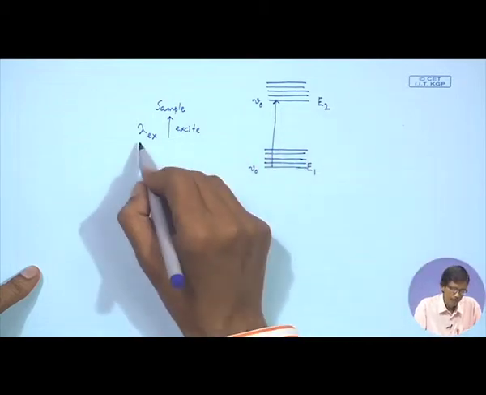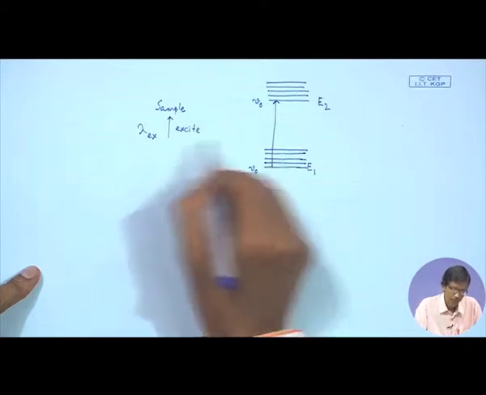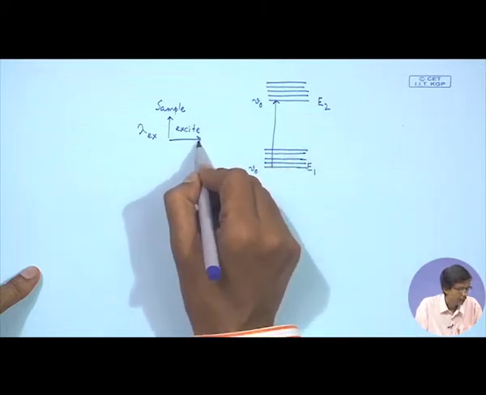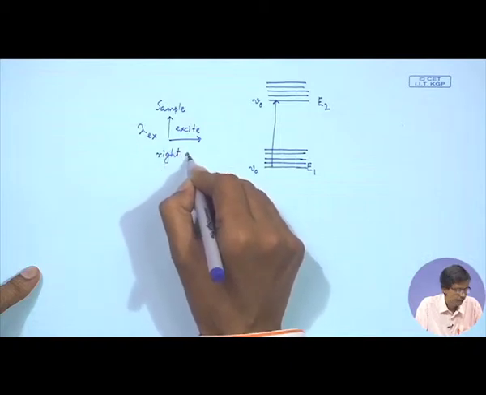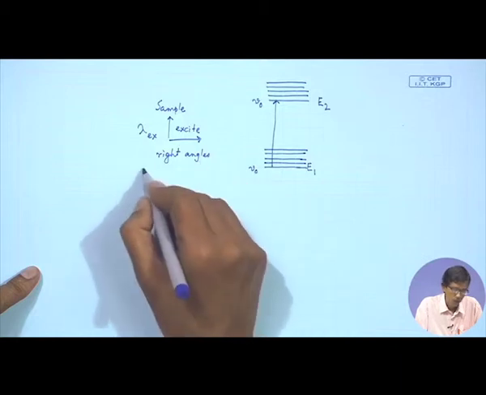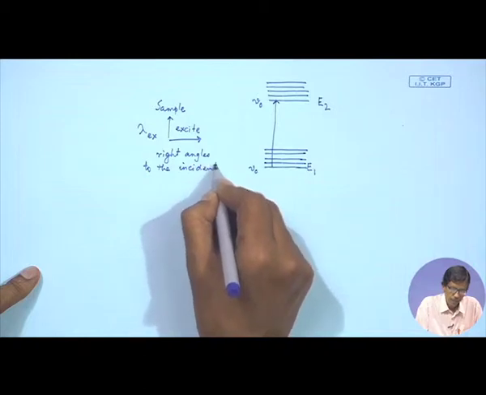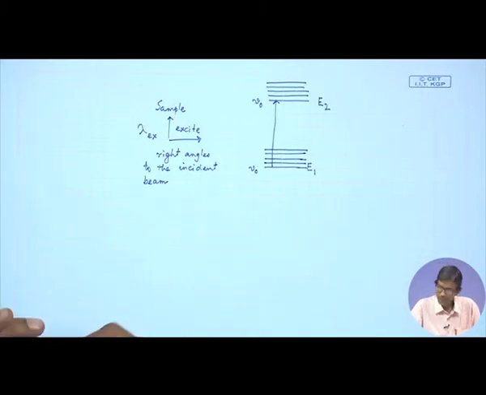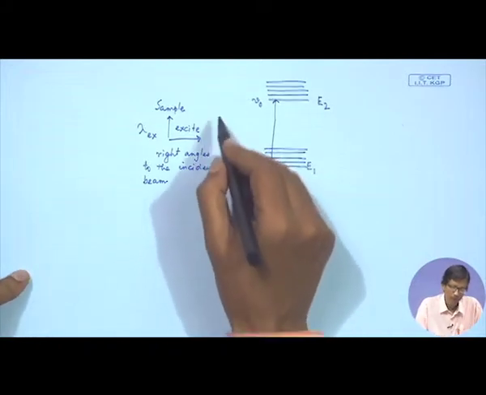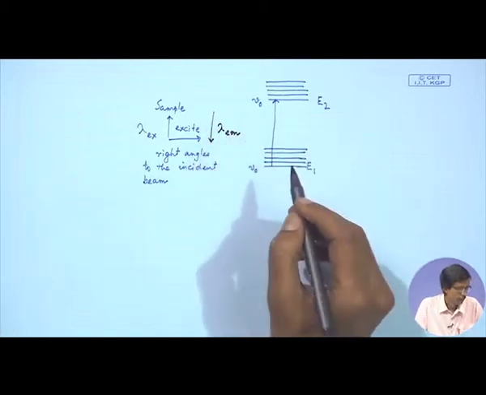Then we get the corresponding lambda excitation, and the emission we measure basically at right angles to the incident beam. This measurement gives you the corresponding emission pattern, which is lambda Em.